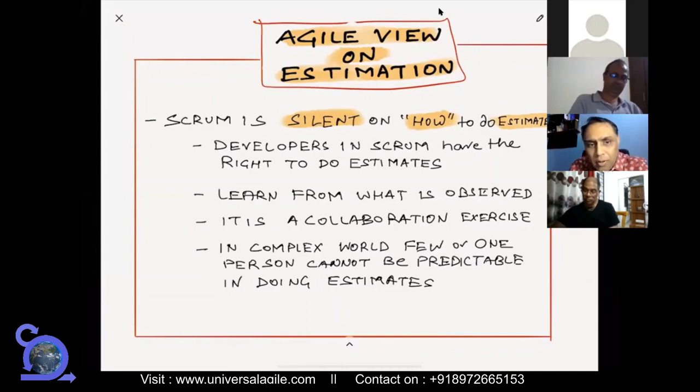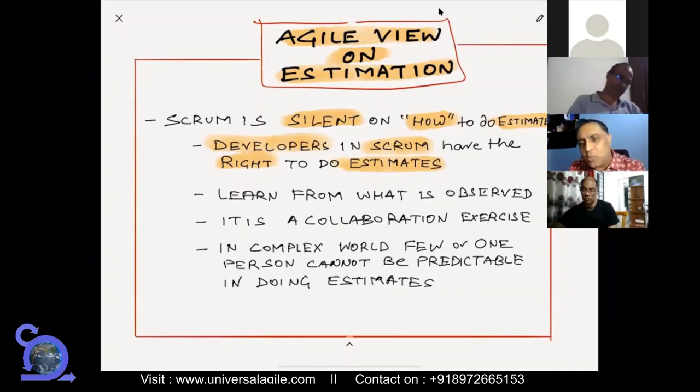So in Scrum, who does the estimates? Developers in Scrum have the right to do estimates. Why do developers have that right? They know the quantum of work. They are closer to the work, right? The people closer to the work should do the estimate.